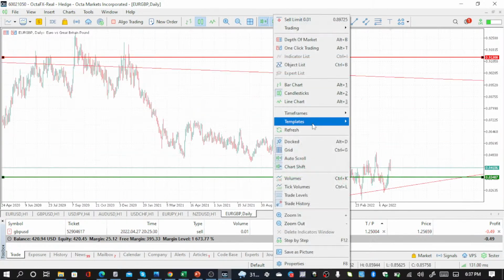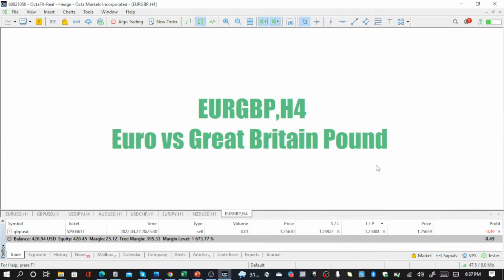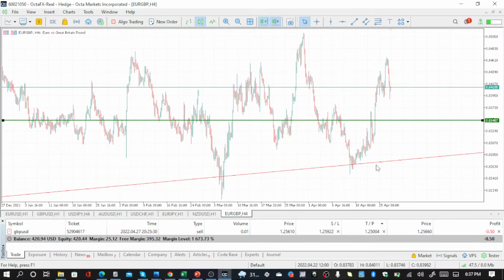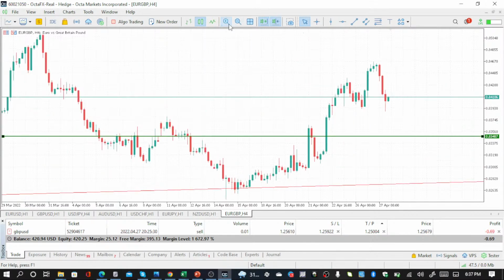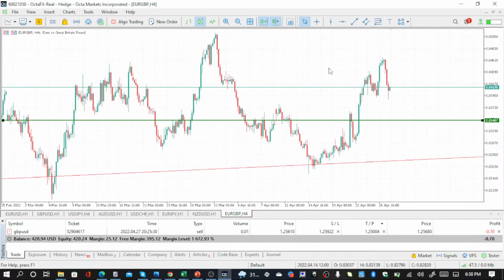Now let's go to the 4 hours time frame. The 4 hours time frame is telling us a more interesting story here, because we can see that the market had pumped out of this support level that we drew, and there was a quick drop in the last 3 candles, which are the 4 hours candles.